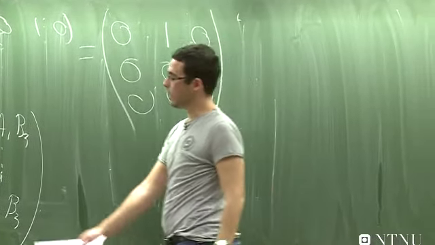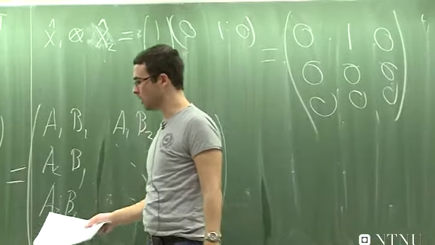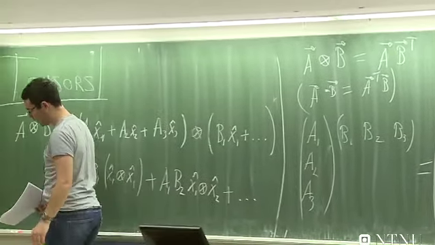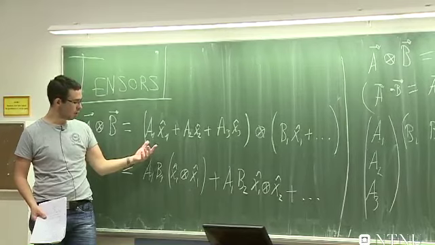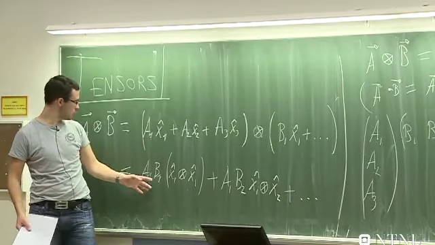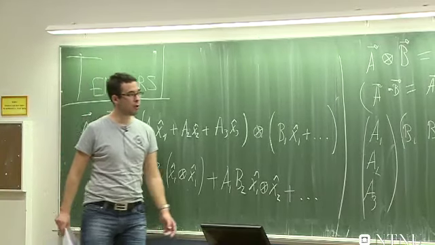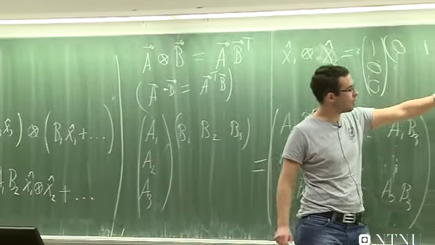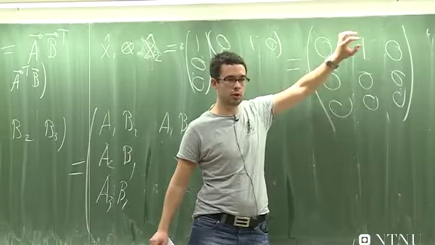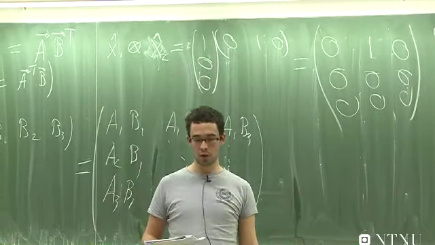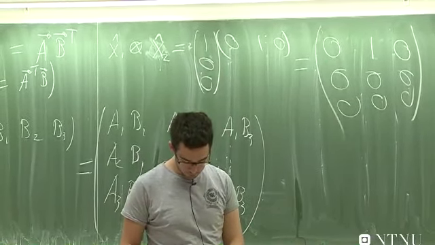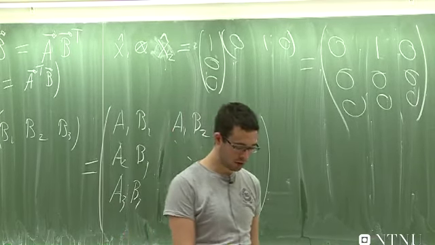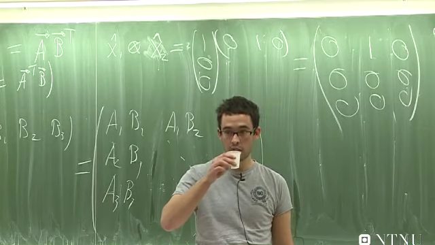So what this x1 tensor product x2, and all the other friends of that guy, does is to put the product of Ai and Bj in the right place in the matrix, so to speak. So x1 x2 puts it up here. That's where that component should affect the resulting rank 2 tensor. Okay, any more questions about vectors or any of this?